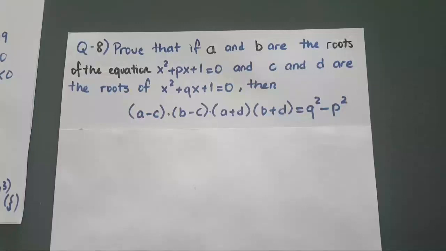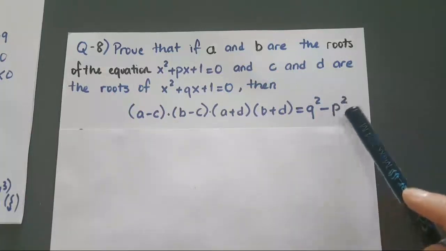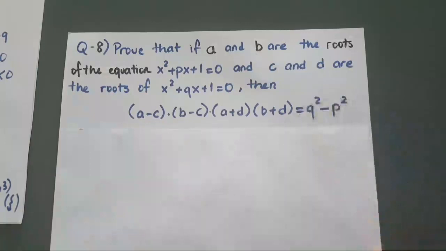We can find the sum and product of the roots: the sum of a and b, the product of a and b, the sum of c and d, the product of c and d. Then we substitute them on the left side of the equation, and we will try to get q squared minus p squared on the left side.